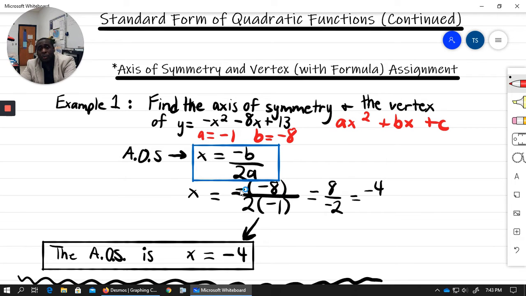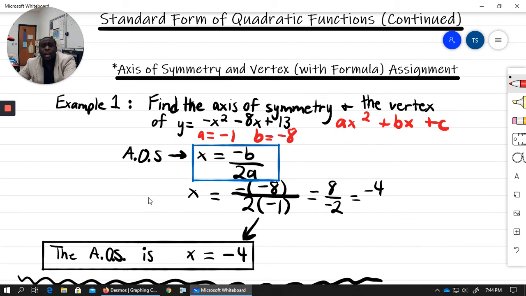So we've got the opposite sign of negative 8, divided by 2 times a. The opposite of our b value is positive 8, and 2 times a gives us negative 2. So we've got 8 divided by negative 2, which gives us negative 4.